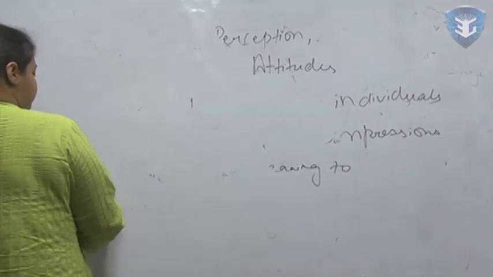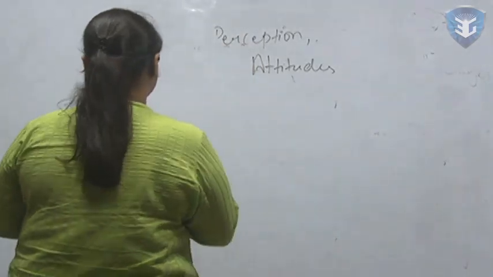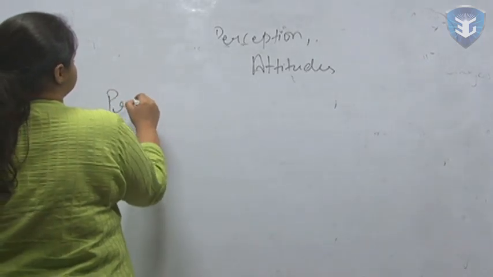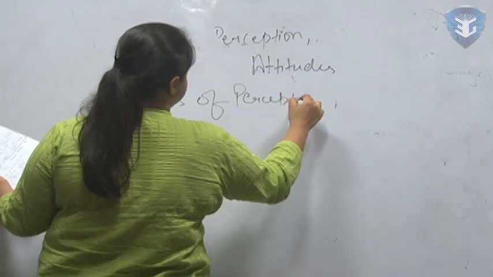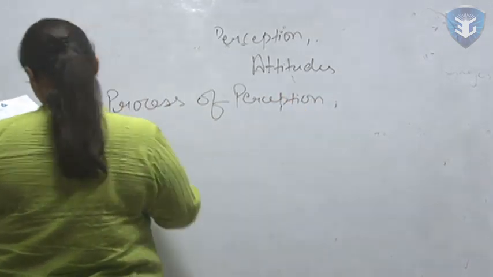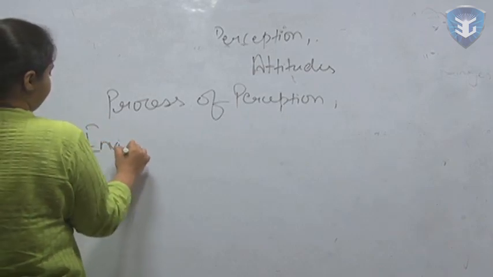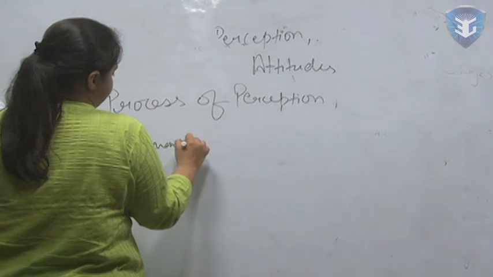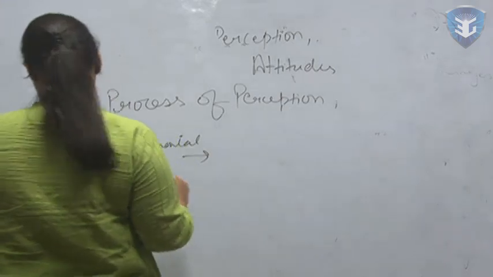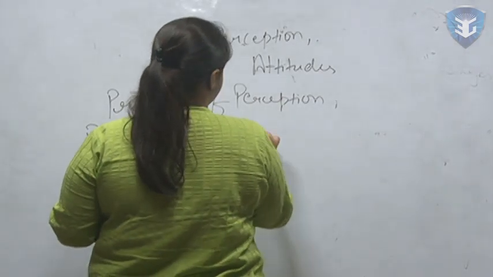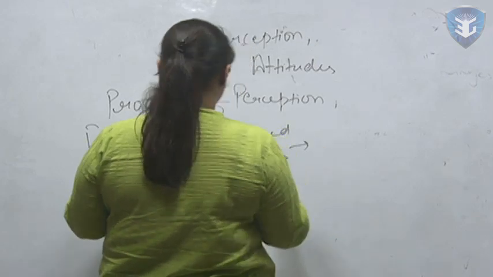Perception, although being a psychological process, follows hierarchical steps. So we can say that there is a particular process of perception or perceiving things, and these steps include environmental stimulus, after that attended stimulus, means the stimulus to which an individual pays attention.